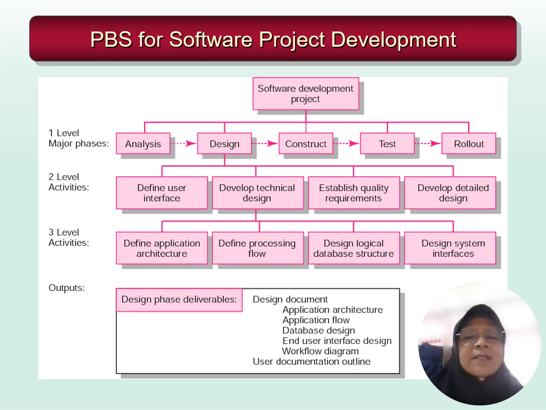Then we have the second level activities, which are define user interface, develop technical design, establish quality requirements, develop detailed design, and the third level of activities: define application architecture, define process flow, design logical database structure, design system interface. And the outputs consist of design phase deliverables, which consist of design document, application architecture, applications flow, database design, user interface design, workflow diagram itself, and also user documentation outline.